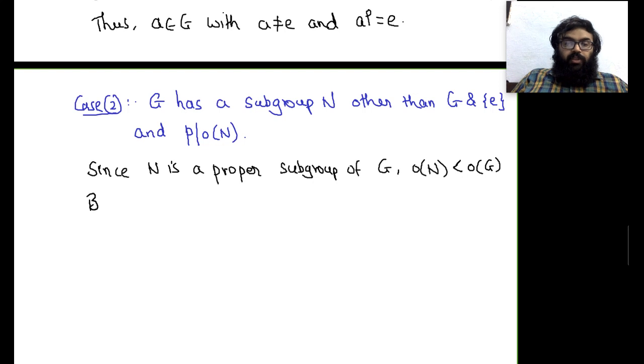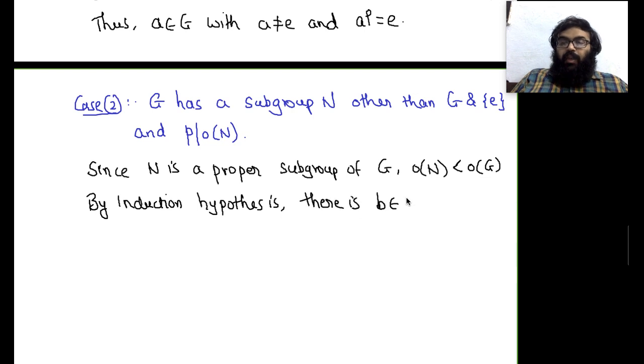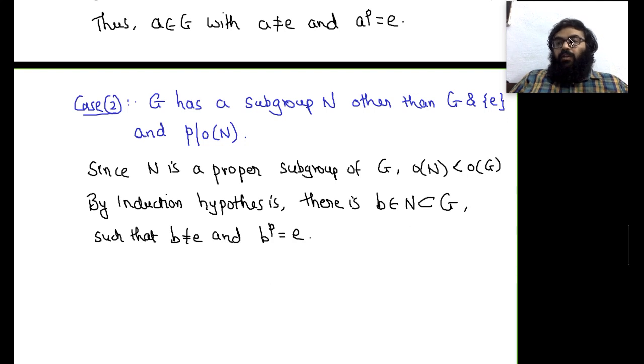So by the induction hypothesis, there is B belonging to N, because it is in N, it is in G, because N is a subgroup of G, such that B is not the identity and B to the power P equals E. So this gives us B belongs to G. So in this case also we are done.